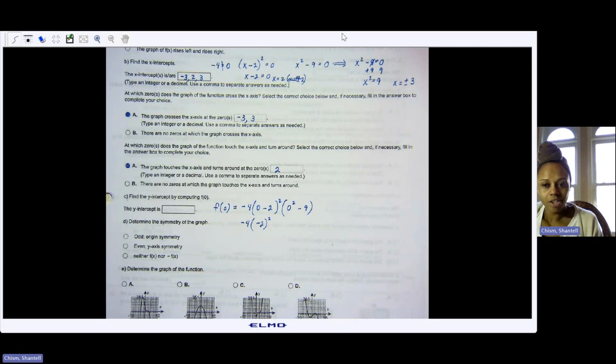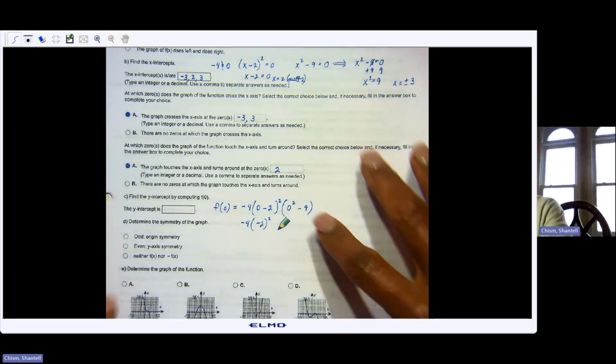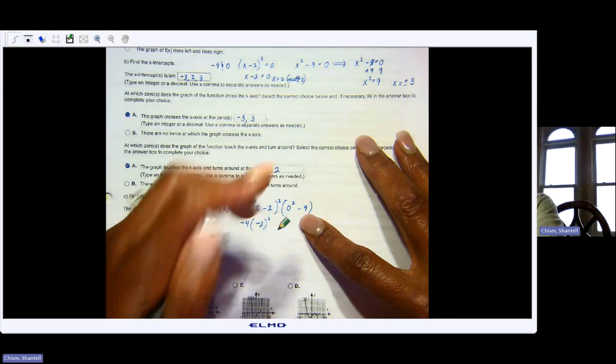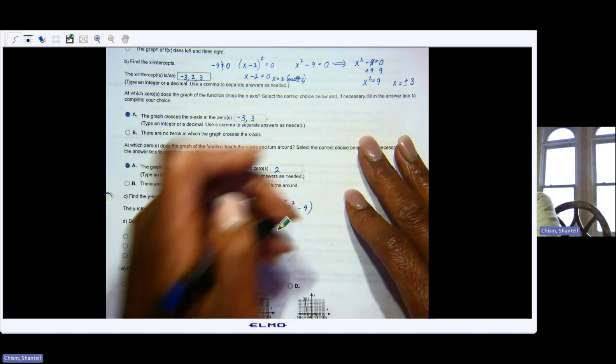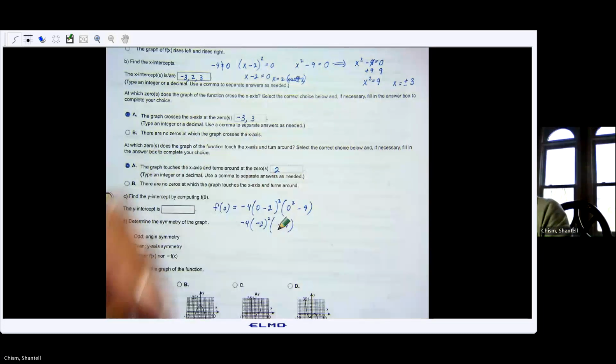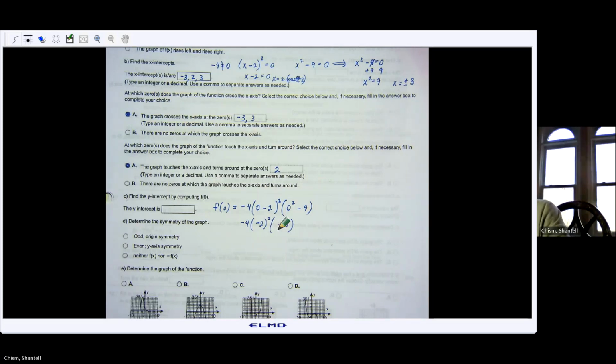Okay, so looking at this part, this is going to be times, it's 0 squared, which is just 0 minus 9, so that's a -9. Okay. Then we've got to simplify that, clean all that up.